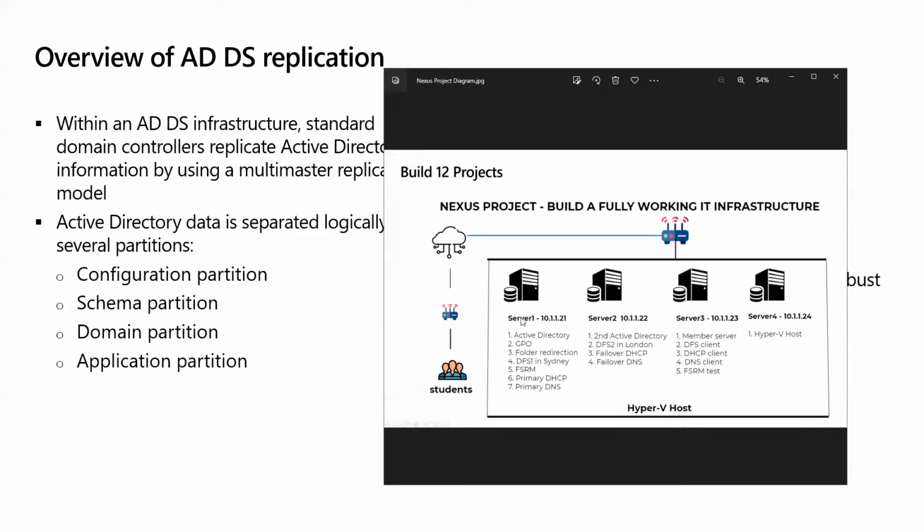And there is the domain partition, which contains configuration about how domains are connected. And there's an optional partition, which is the application partition. If they have SQL, it will contain configuration on how to connect to another application. So the application partition is more on the apps level like SQL, then domain config, database structure, how AD connects to each other, and how they replicate.